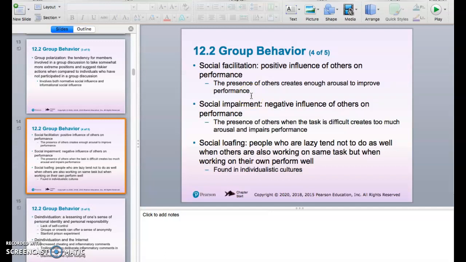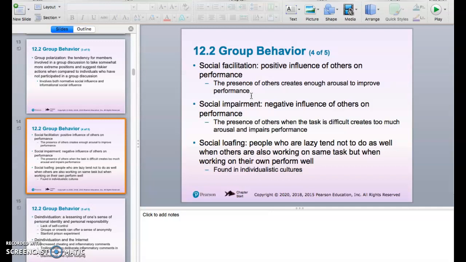So if you're doing a task that you really love, an audience can act in a way to propel you forward, motivate you, and be a positive influence. If you're doing a task that is not familiar to you or you do not like, the presence of an audience can actually impair your ability to perform well, and create difficulty for you.